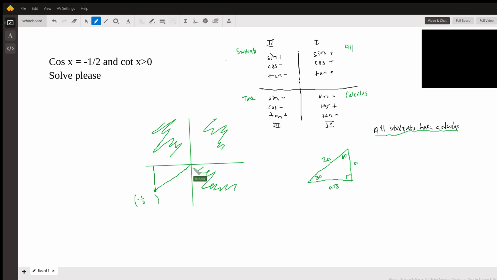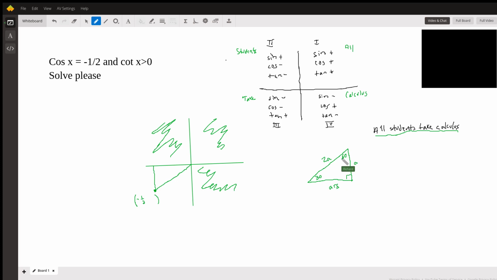So then you can just use the unit circle if you've studied that in school. Or we can just use the special right triangle, 30, 60, 90.